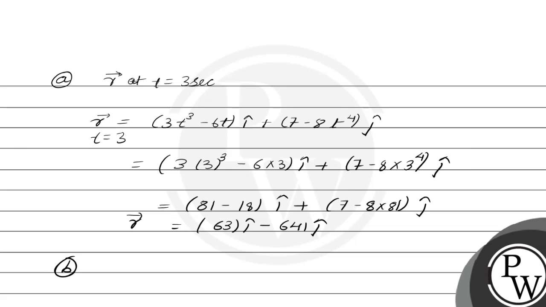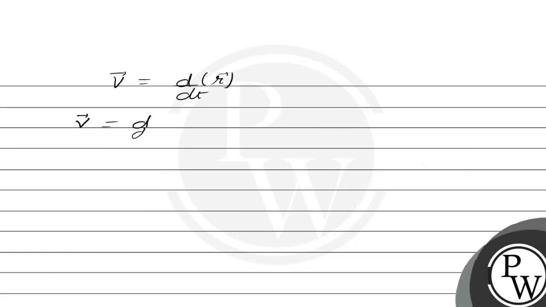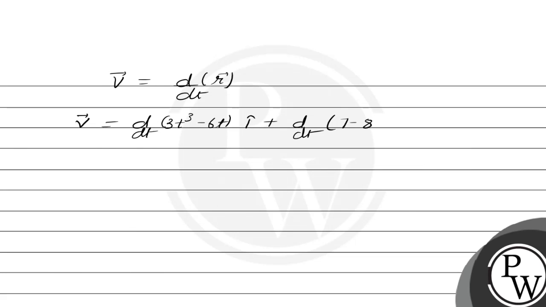In part B, we were required to find velocity vector at time t equals 3 seconds. For that, we need to find this velocity vector, which is defined as the differentiation of position vector r with respect to time. So differentiating this equation, d by dt of 3t³ minus 60 i cap plus differentiating the j term 7 minus 8 into t raised to the power 4 j cap.